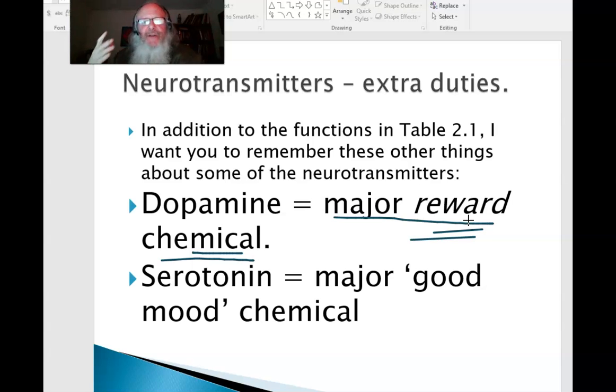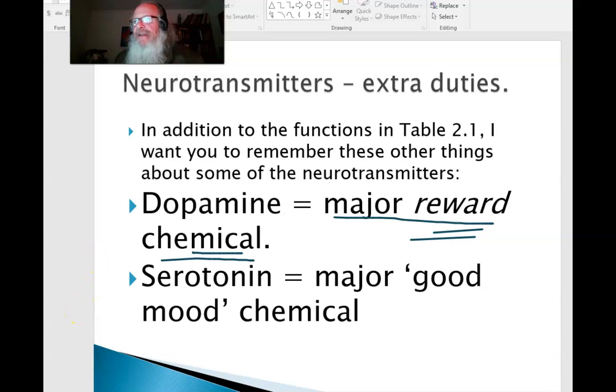Whether it's your first kiss, whether it's sinking a 3-point shot, whether it's watching your son or daughter score a goal in soccer, whether it's getting a bonus on your paycheck, if your experience is excited reward, then dopamine is involved.